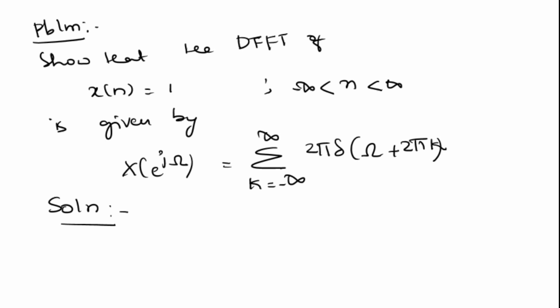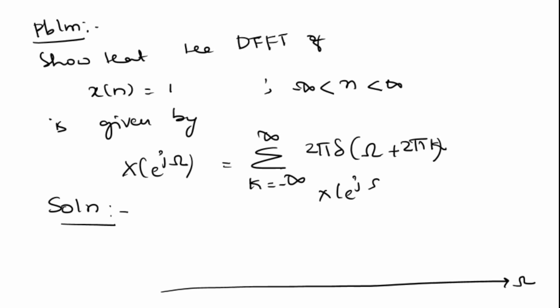So we can draw X of e power j omega as: it is 0, 2 pi, 4 pi, 6 pi and so on.